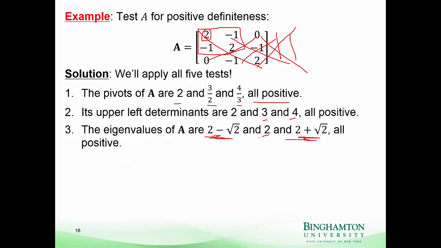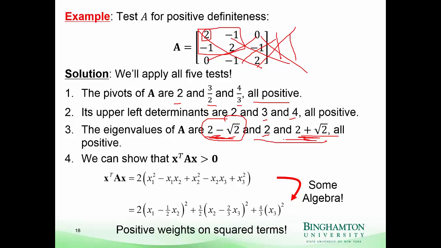Anyway, cool results here. 2 minus square root of 2 and 2 plus square root of 2. These two are obviously positive. That one, well, yeah, square root of 2 has to be less than 2. So, yes. And we can show that x transpose Ax is greater than 0. Requires a little bit of tricky algebra to do this.